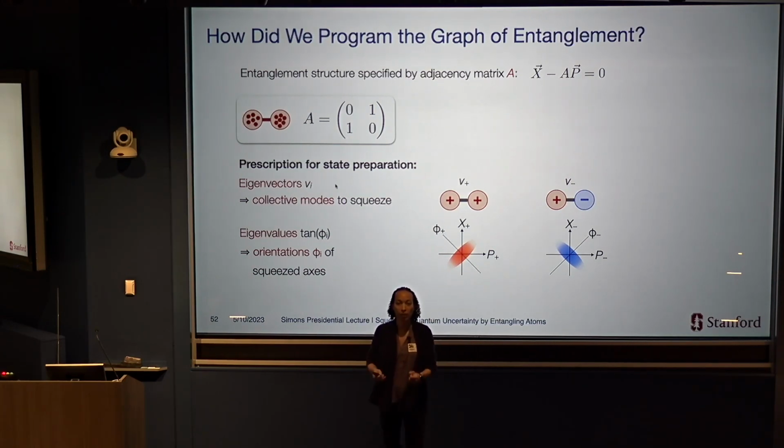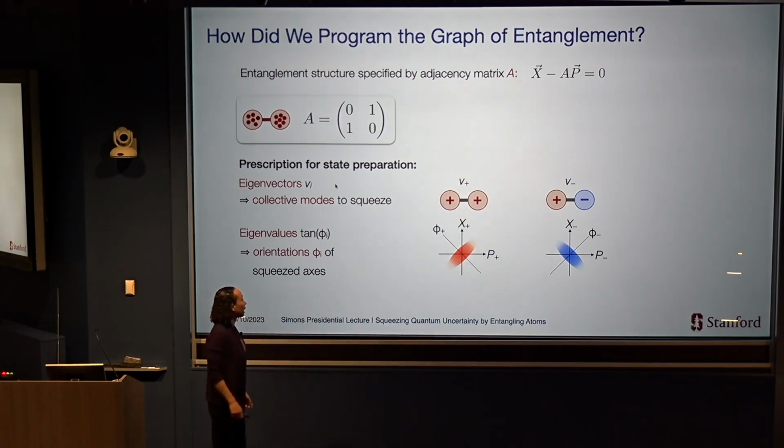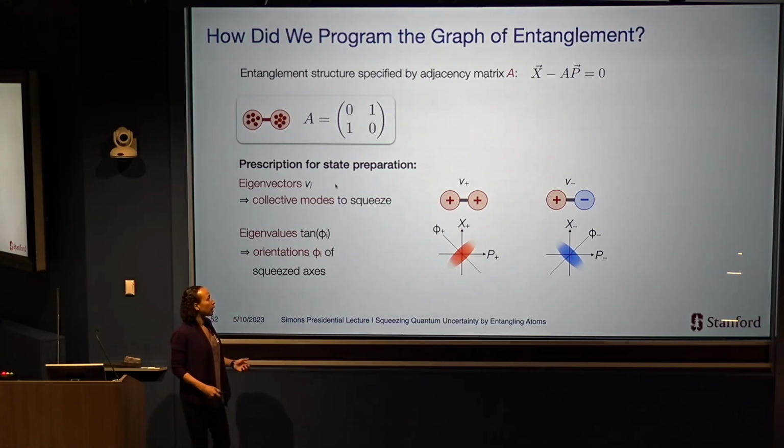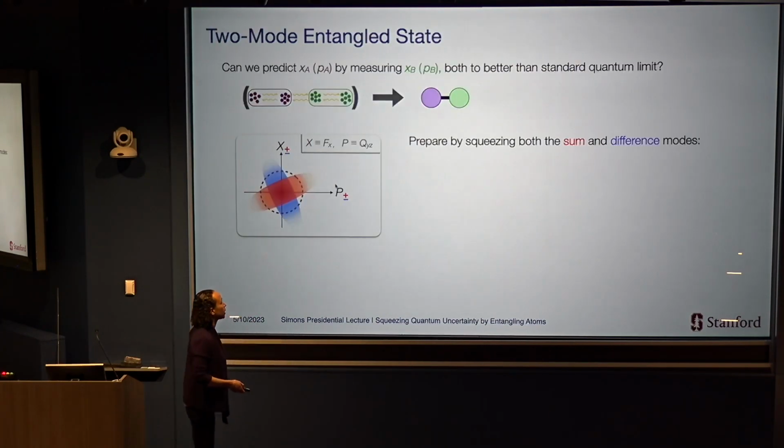If these were oscillators, it would be the mode where they're oscillating together and the mode where they're oscillating apart. And so that tells me which collective observables I should squeeze, and the eigenvalues tell me in which orientation they should be squeezed.